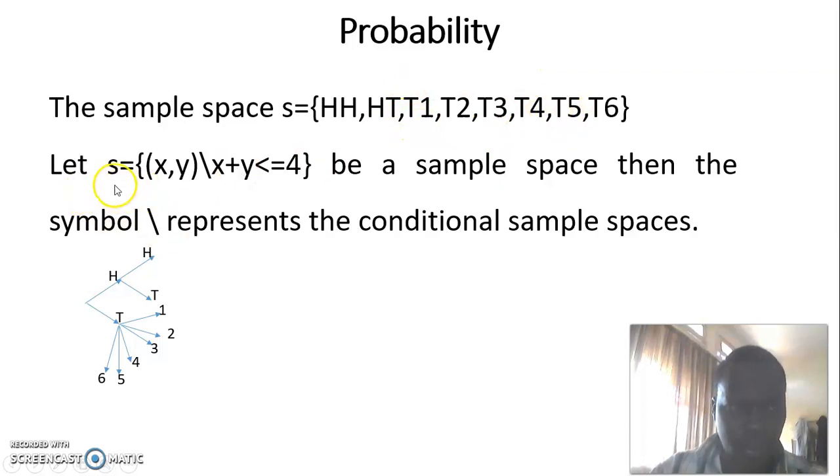Suppose we have a sample space S which contains X and Y such that the sum of X and Y is less than or equal to 4. So we refer to this sign as the conditional sample space.